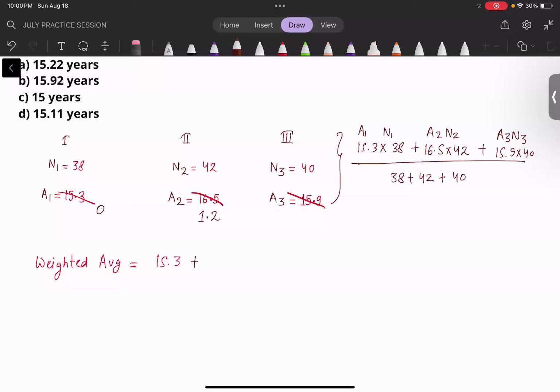That is deviation of A2. Now next go to A3. So 15.9 minus 15.3, you will get 0.6. It is deviation of A3. So we have to write the deviation of A1, A2, A3. Is this point clear or not? Please confirm.